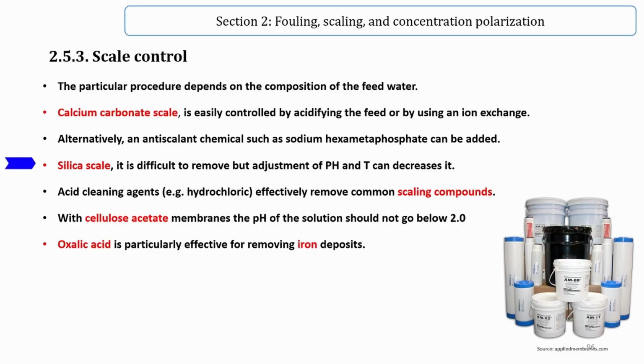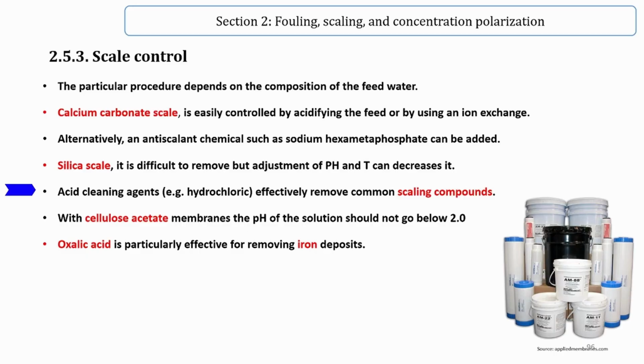Once the silica scale has formed, it is difficult to remove because no effective anti-scalant or dispersant is available. The solubility of silica is a strong function of pH and temperature, but in general, the brine should not exceed 120 ppm silica.